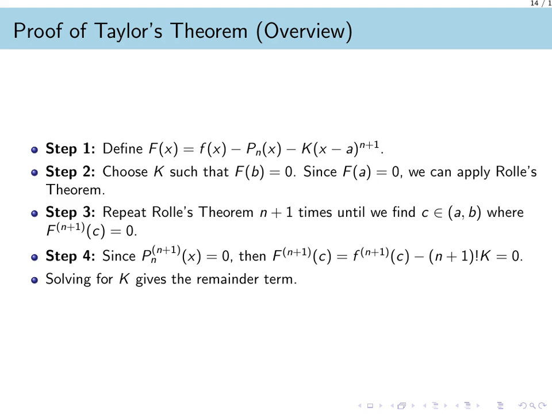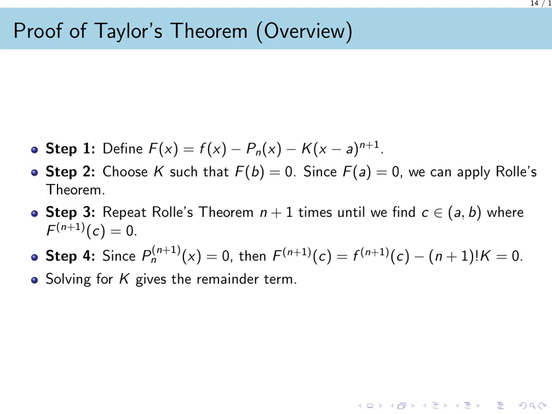This slide outlines the clever strategy used to prove Taylor's theorem and find the exact formula for the remainder term. The entire proof hinges on a repeated application of Rolle's theorem. First, we define a special helper function, capital F of x.